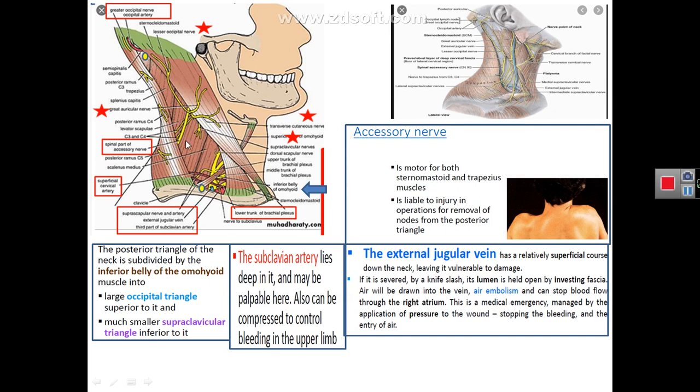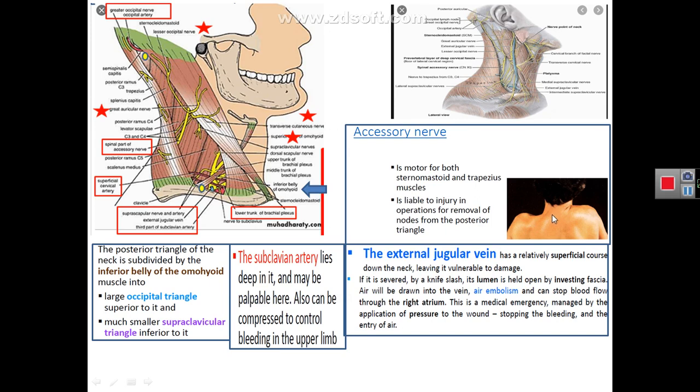So it supplies sternomastoid and trapezius. Injury to the spinal accessory nerve in this region will result in absence of function of the trapezius muscle. Both sternomastoid and trapezius are supplied by the spinal accessory, but if the nerve is injured here by a wound, the trapezius will be paralyzed.